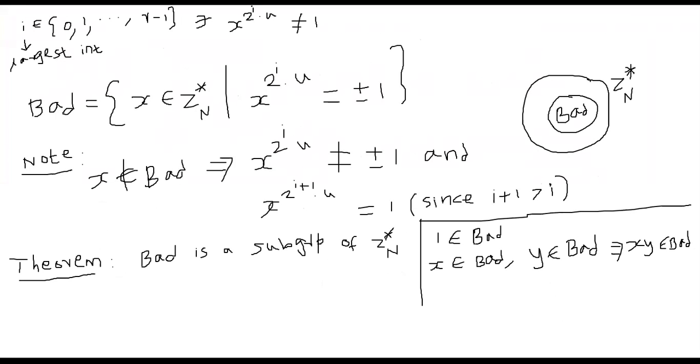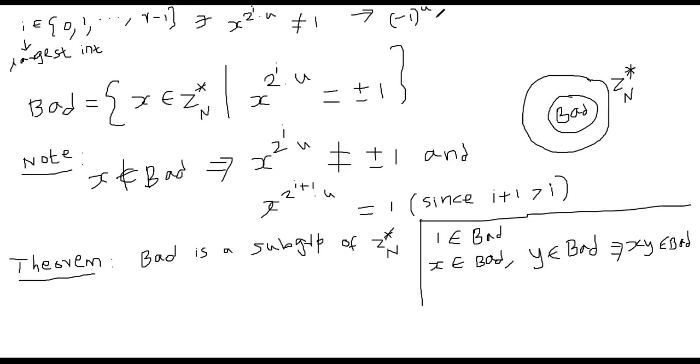What you're seeing here is a couple of things. First of all, we will select the largest i from 0 through r minus 1, such that x power 2^i times u is not equal to 1. The question is, does such an i exist or not? The answer is simple. Such an i exists because if you put x to be minus 1, for example, and put i to be 0, then 2 power 0 is 1, and u is an odd number, remember?